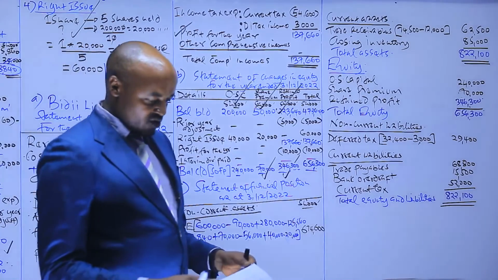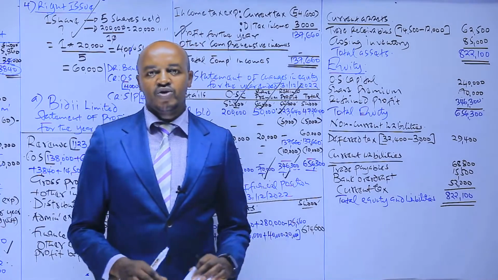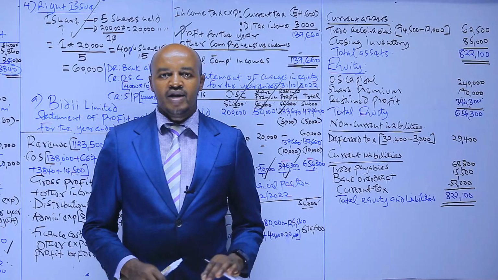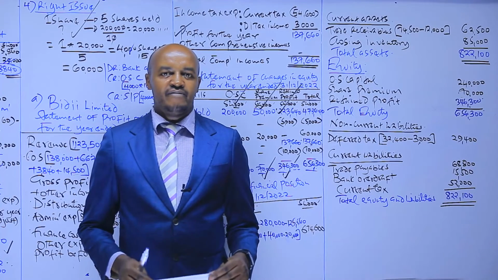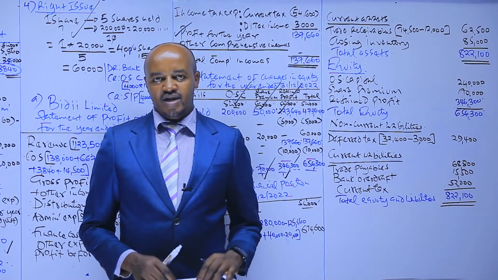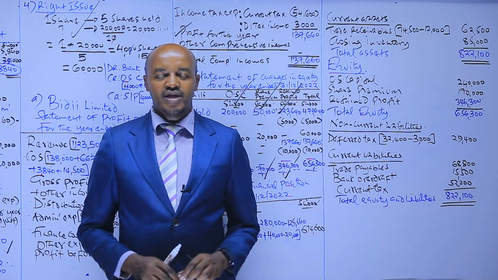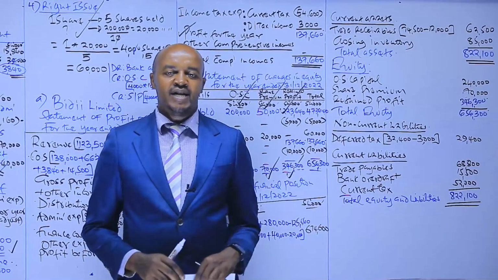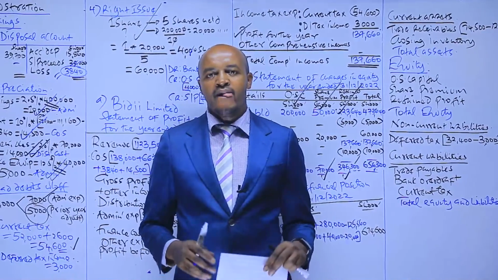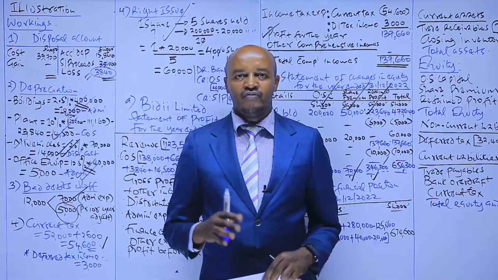That is what was required as far as that question is concerned. That was an illustration question on the topic of what? Published financial statements. So basically that brings us to the end of that particular class. We meet in our next class as now we look at how we prepare the statement of cash flows.